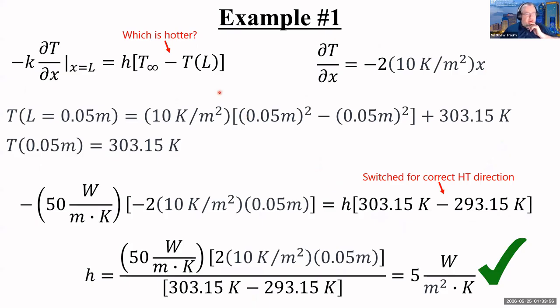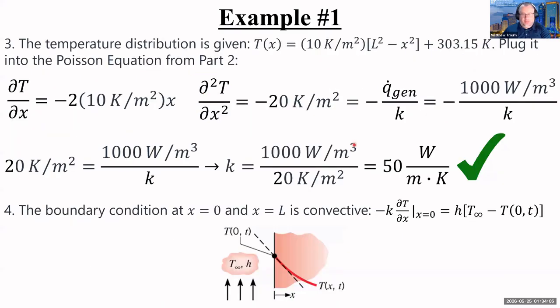You always run into this question of which one of these is hotter. At least the way that I do it, I determine, to the extent that I can, which one is hotter, and I put that one first, so that when I'm subtracting, I always end up with a positive value. Then I figure out when I'm doing my energy balance whether it's a Q in or a Q out, and that determines whether there's a negative sign sitting in front of it or not.